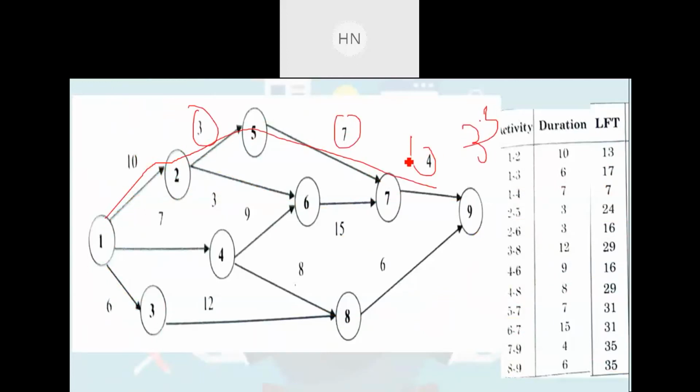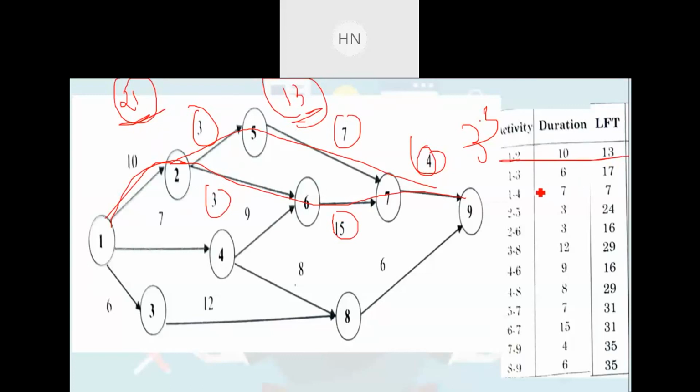If you deduct from 35 the 3, 7 and 4, the answer will be 21. And for the second option, this path, you need to deduct from 35 the 3, 15 and 4. The answer will be 13. So the minimum of 21 and 13 is 13. So the answer is 13, right?